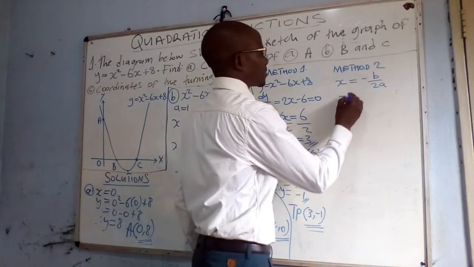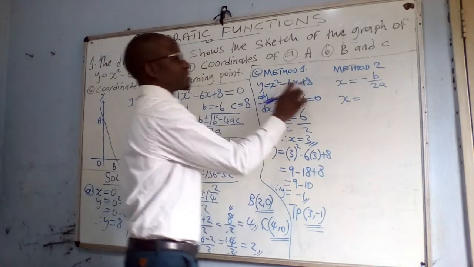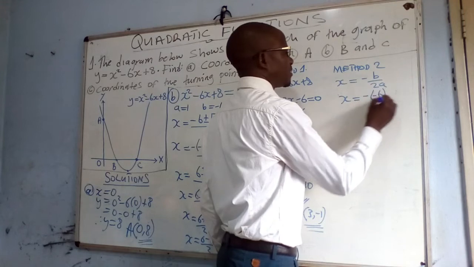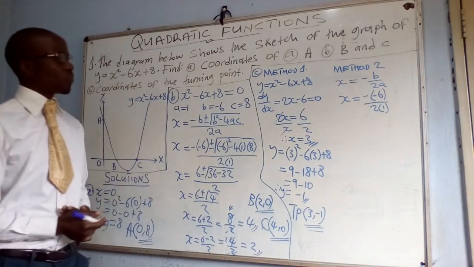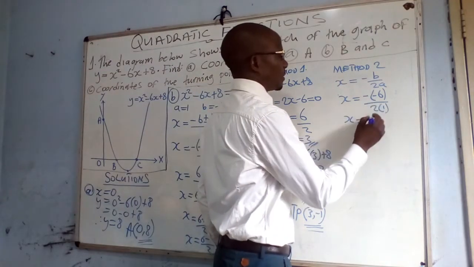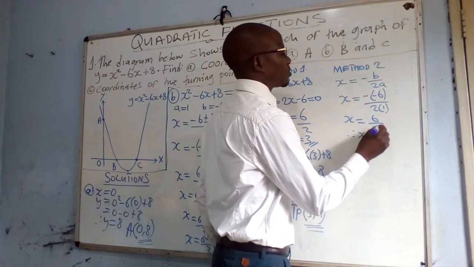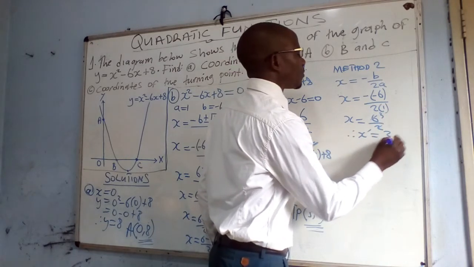Then x is going to be equal to negative b. b is negative 6, so there are two negatives, and then negative 6 over 2 times 1, because a is equal to 1. Then from there you have x is equal to 6 over 2. Therefore, x is equal to 3.